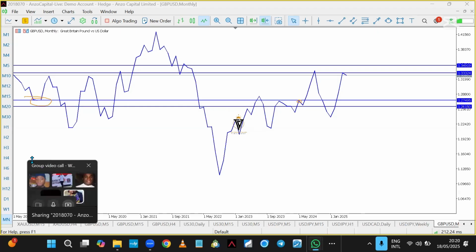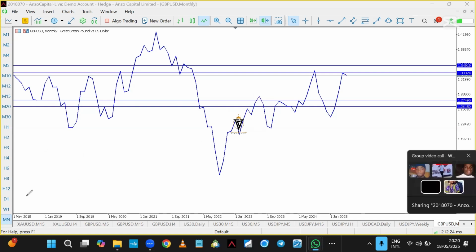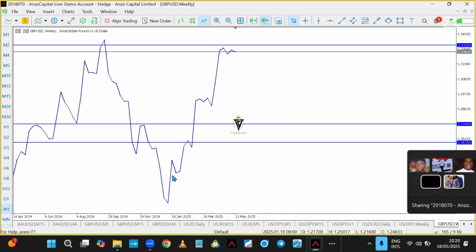You can equally use these spots, but all the same. So these numbers are okay. Let's just go to weekly time frame and see.